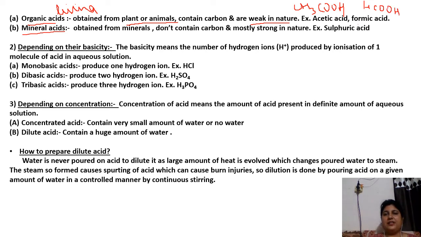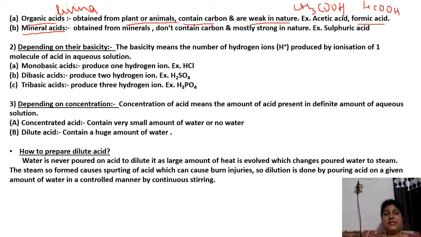The formic acid is present in red ants, while citric acid is present in lemon. Acetic acid, we get this from sugar cane, when we form vinegar, sugar cane से जब बनाते हैं, then we get acetic acid. So these are the organic acids and they are very weak in nature. The major constituent of these acids is carbon.